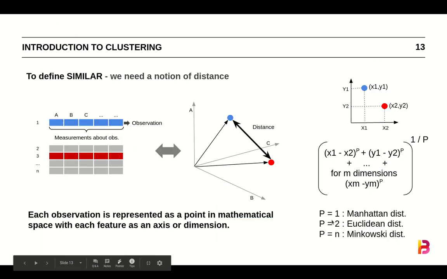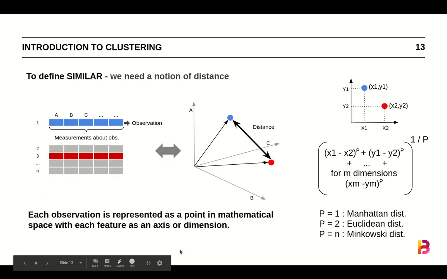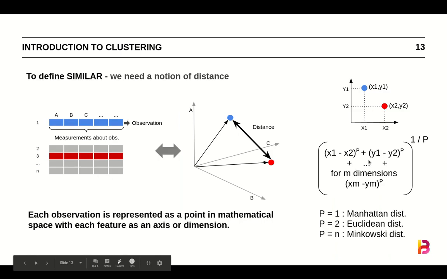So p replaced by 2 is Euclidean distance. P replaced by 1 becomes exactly same as Manhattan distance. So it would become x1 minus x2, this becomes 1, so there is no impact. So x1 minus x2 plus y1 minus y2, 1 by 1 is 1, anything raised to power 1 remains the same, so this equation becomes x1 minus x2 plus y1 minus y2.